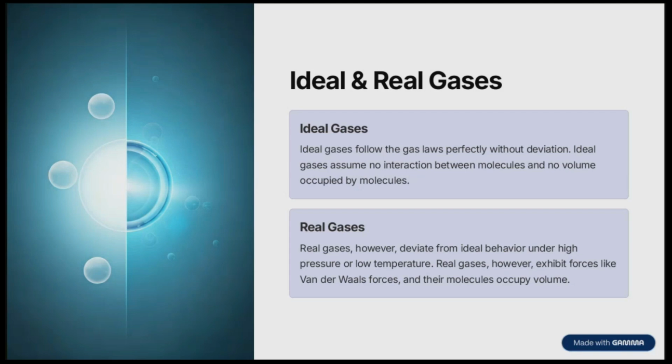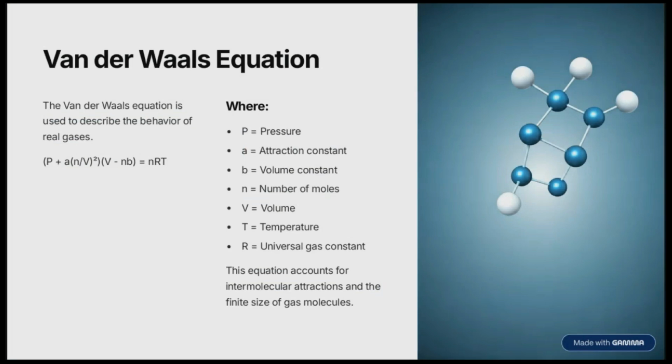This ideal gas assumption led to the ideal gas equation, which is what I was saying initially: when you combine Boyle's law, Charles's law, and Avogadro's law, it gives you the ideal gas equation, that is PV = nRT. But there are conditions where real gases begin to behave differently, so that's when they brought in the Van der Waals equation to correct this deviation.